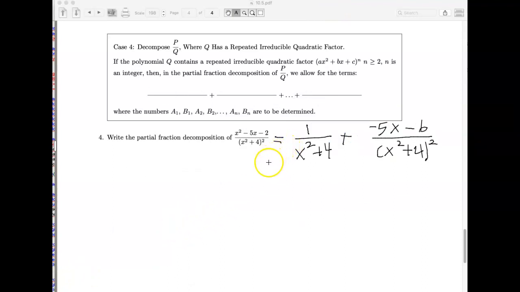We ended up with A being 0, so that's why the linear part is gone, and since B was equal to 1, we have 1 over x squared plus 4. We found C to be -5 and D to be -6, and so this is our rational expression that we would have to add in order to get this back.